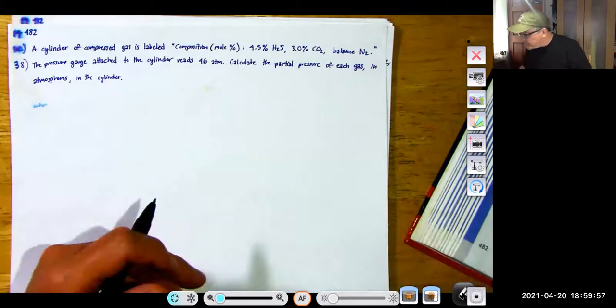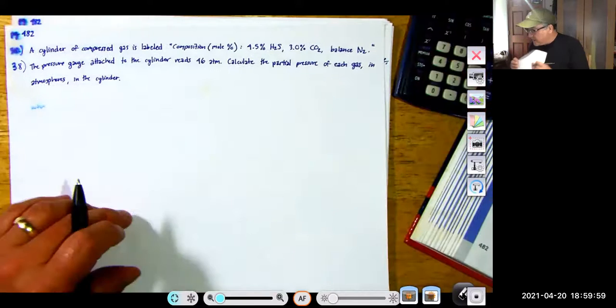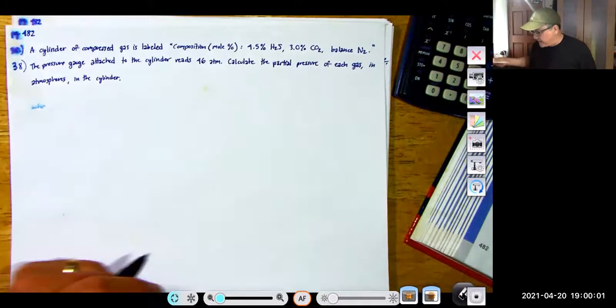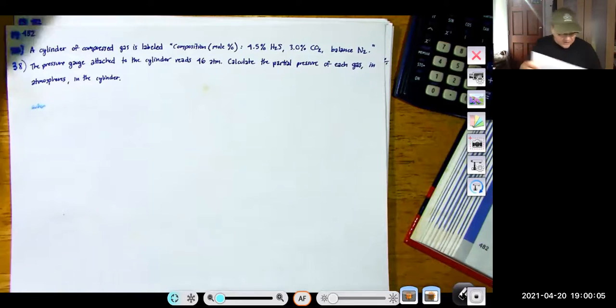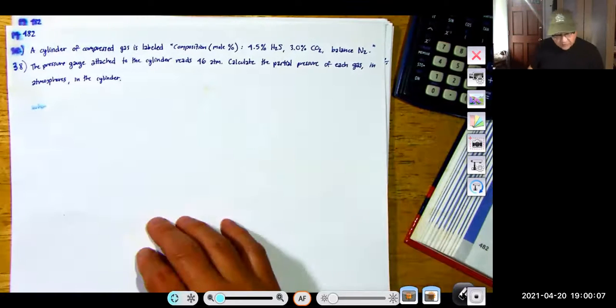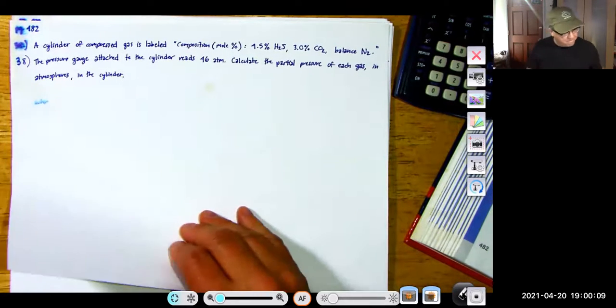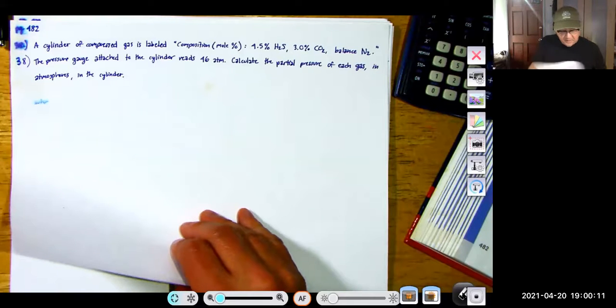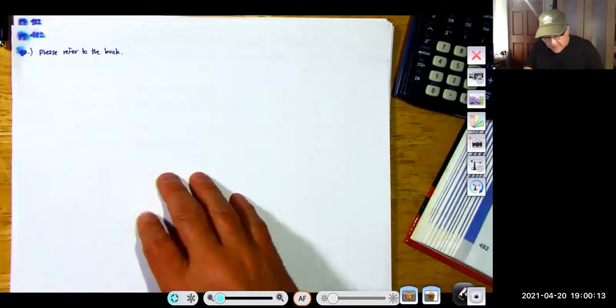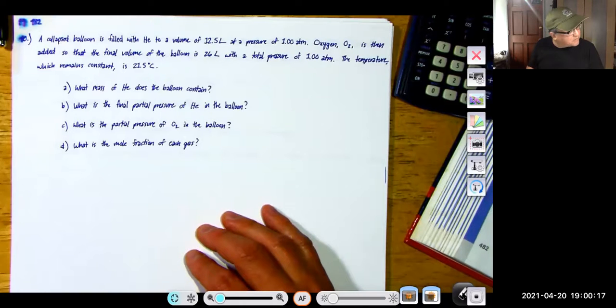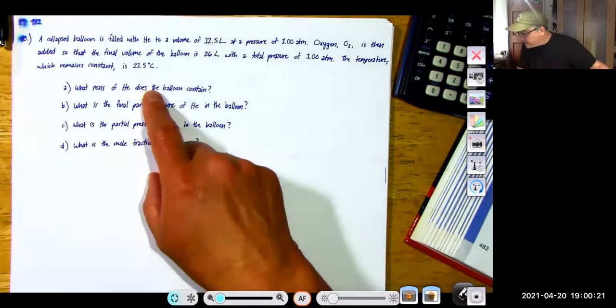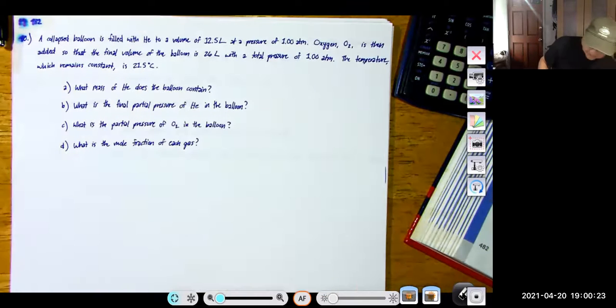And perhaps we should take a look at 39 because that's a Dalton's law of partial pressure. I don't have it written down, but we can certainly look at it. Here we have 40, please refer to the book. Oh, and now it's written down here, so I can actually trash that one.